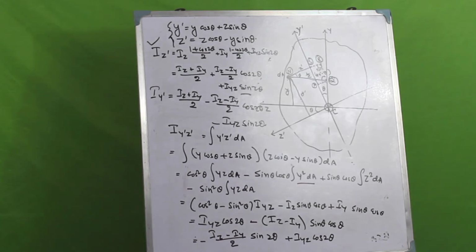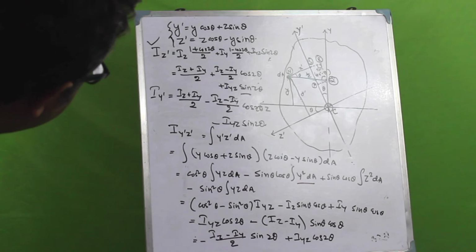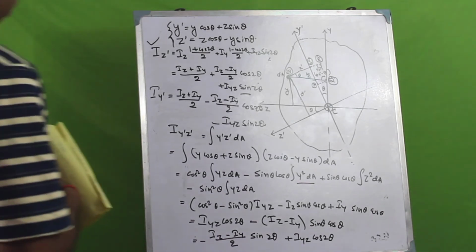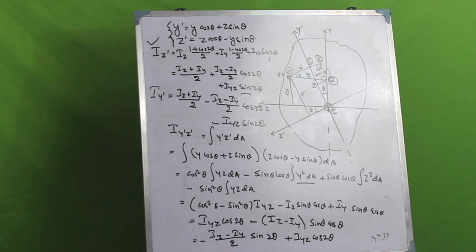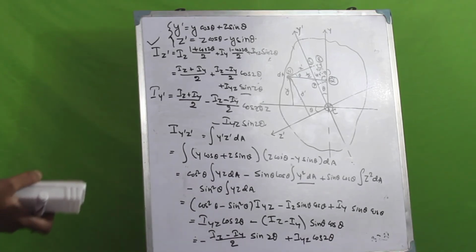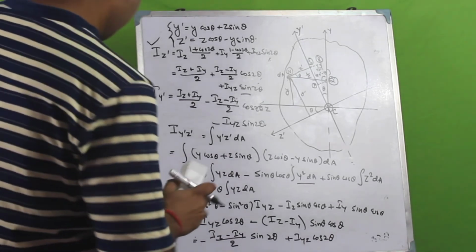So let us retain these terms here. Now that we have calculated, our objective was to calculate Iz dash, Iy dash and Iy dash z dash from the given values of Iz, Iy and Iyz.